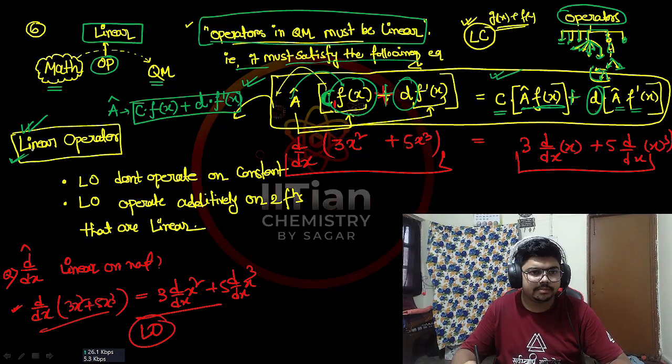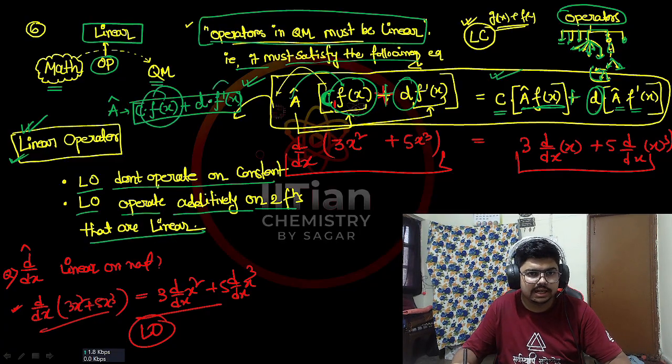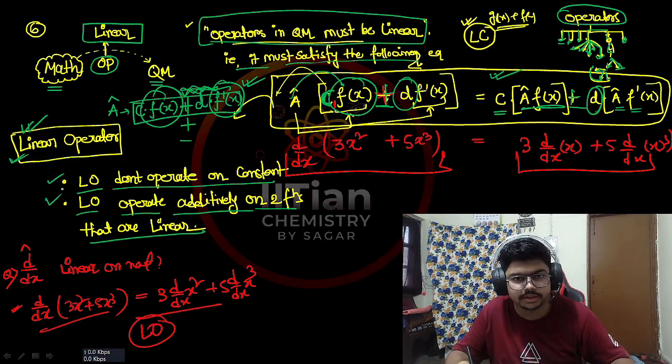So for being a linear operator, a linear operator does not operate on constants, and it operates additively on two functions joined by plus or minus. If it is plus, you add; if it is minus, you subtract. These are the two conditions for an operator to be linear.